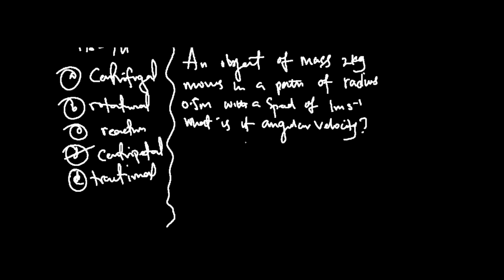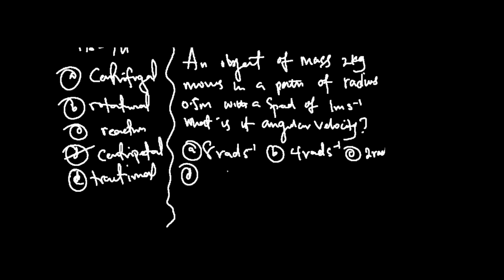Option A, 8 rad per second. B, 4 rad per second. C, 2 rad per second. And option D is 1 rad per second.